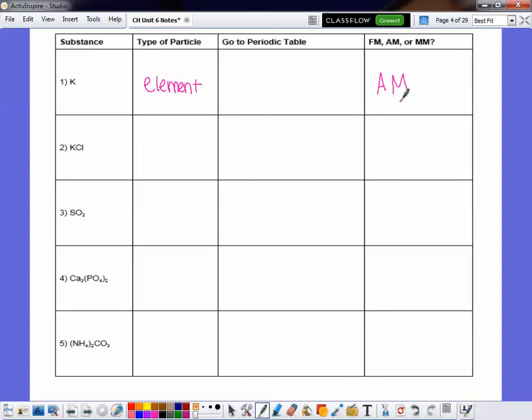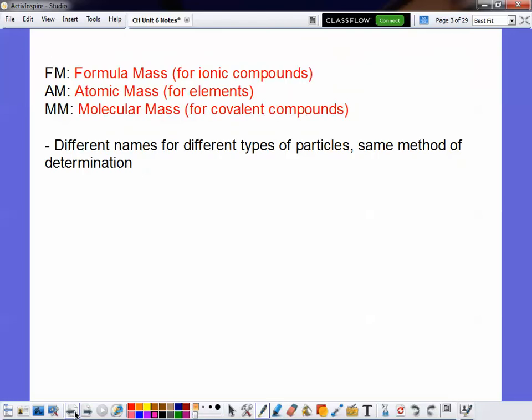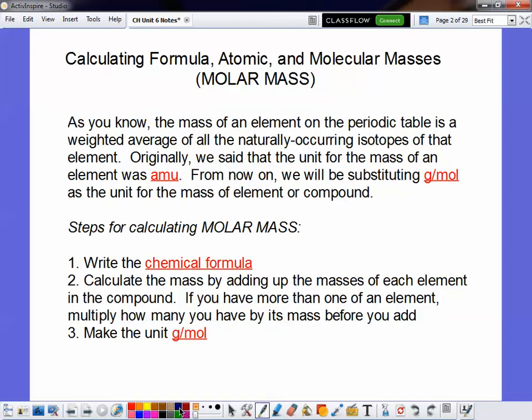All right. So we're going to go to the periodic table. We're going to find the mass of potassium, right? What is the mass of potassium on the periodic table? 39.0983. Now, one thing I meant to say back here, don't worry, I'll come back to that.